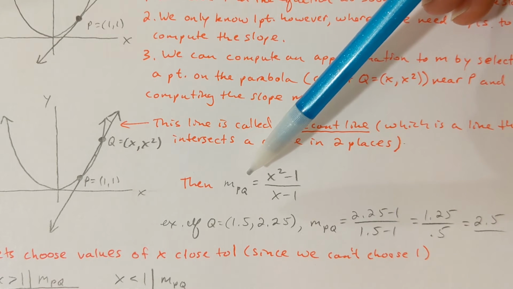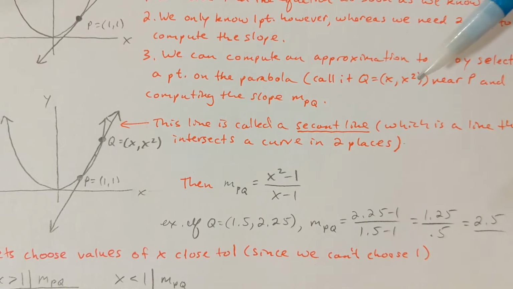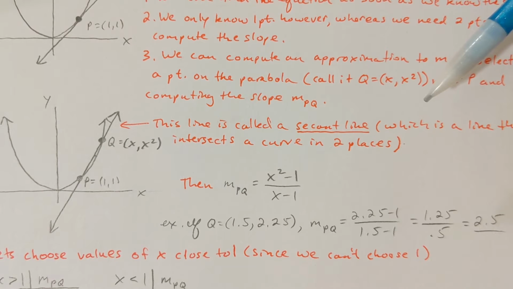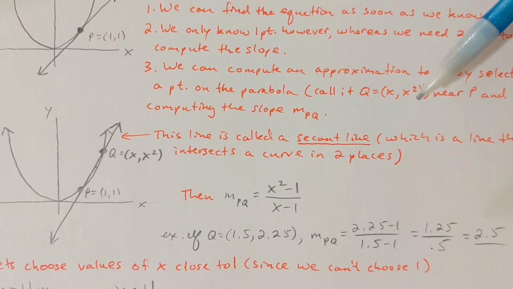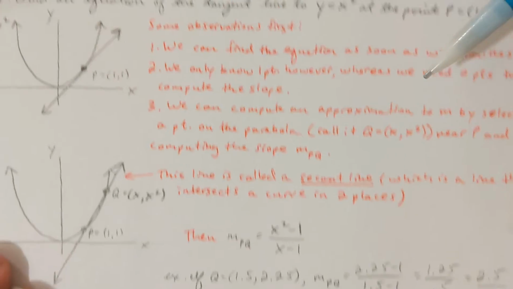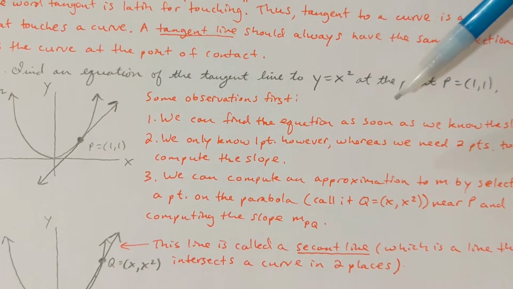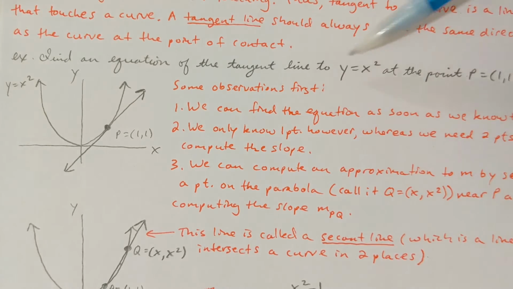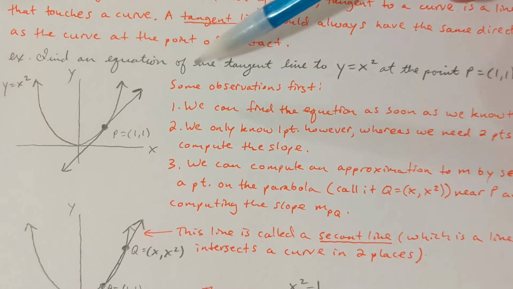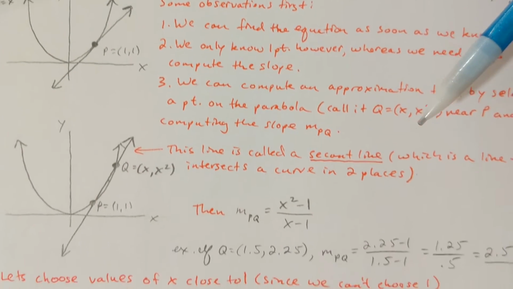Okay, so M sub PQ, again, that's what I'm calling the slope of the secant line. Now, the slope of the tangent line, I'm just going to call that M. And again, once we know M, we can then get the equation, which is what the question is asking us to do here, find the equation of this tangent line.